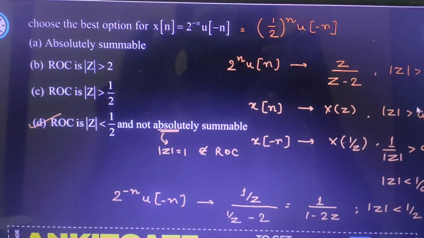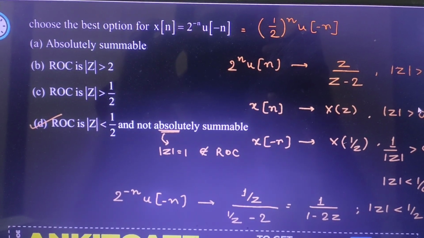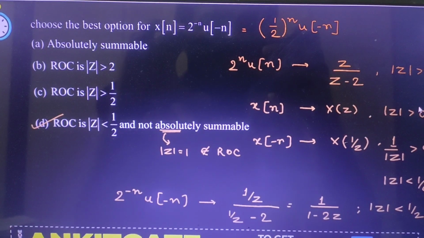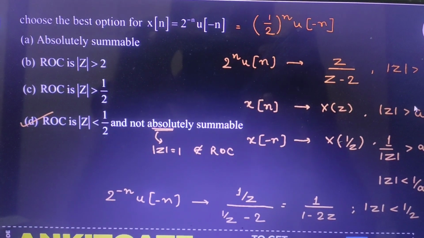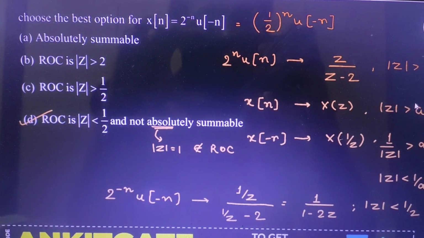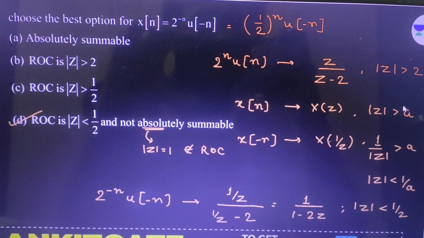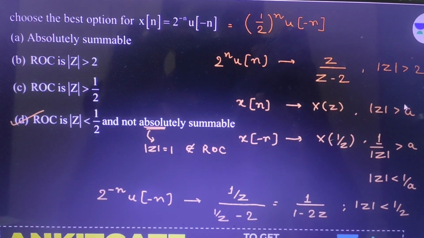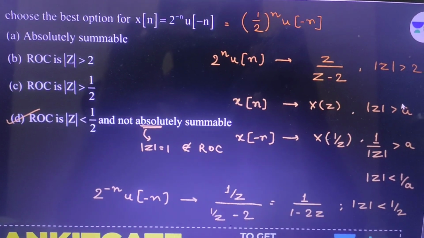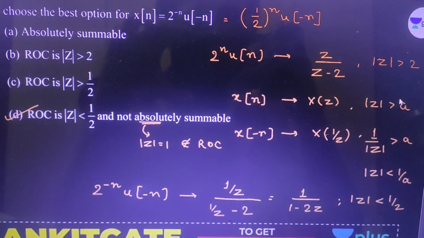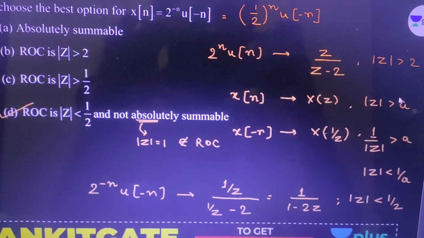X of n is equal to 2 power minus n u of minus n. You can write 2 power minus n as 1 by 2 whole power n u of minus n. As you may know, 2 power n u of n is z by z minus 2, where z is greater than 2. X of n has z transform x of z. X of minus n has z transform x of 1 by z, where 1 by z is greater than a, that is z is less than 1 by a.